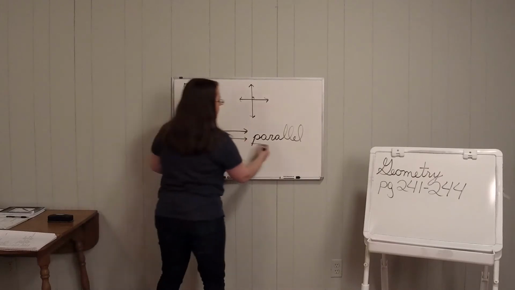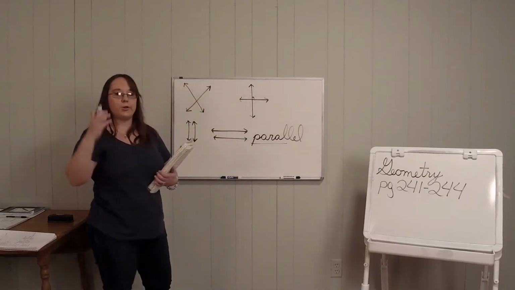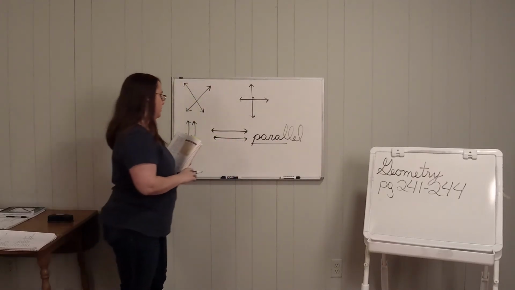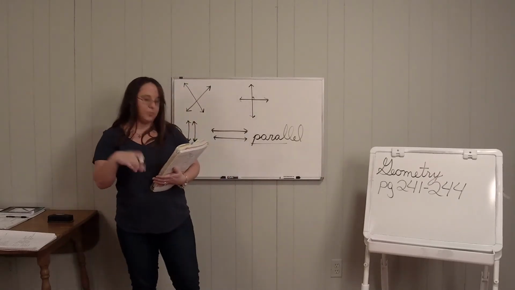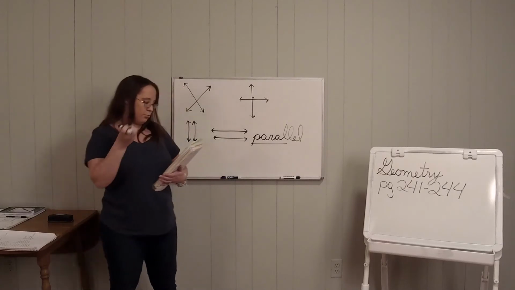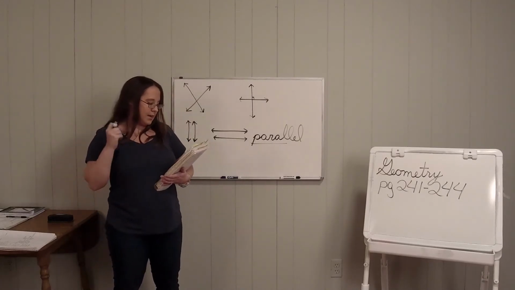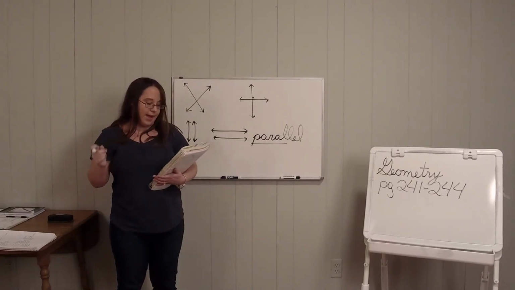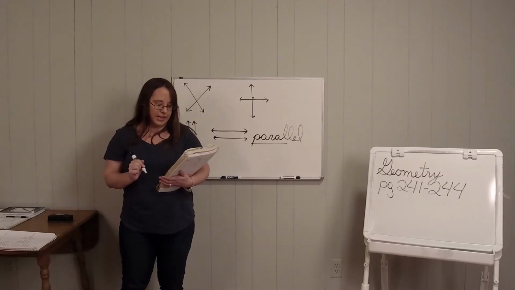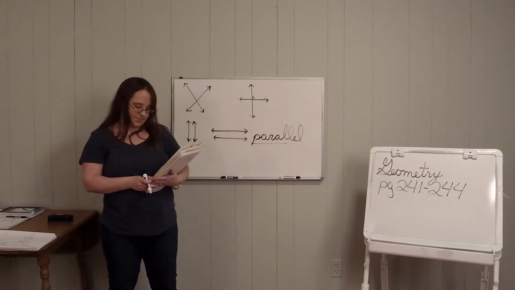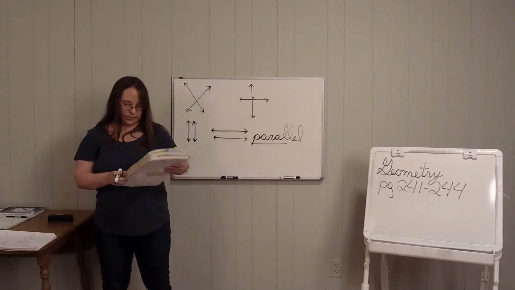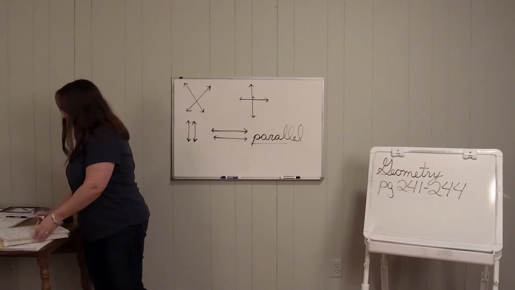They go side by side. They're parallel lines. So that's the terminology that you need: point, line segment, line, ray, angle, intersecting lines, perpendicular lines, and parallel lines. Okay?